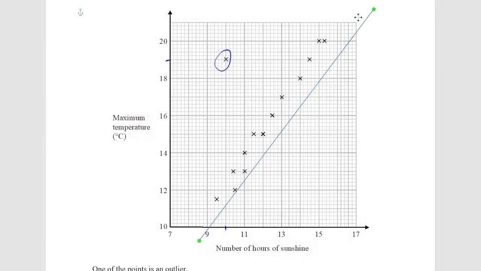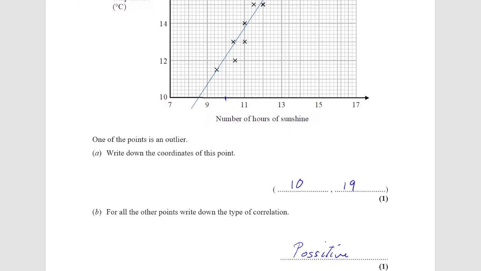I want this line to best match the graph, so I'm going to move it around a little bit. It doesn't need to go through the point 0, 0, but it needs to represent the data well. So I'm going to go for that as my line of best fit.